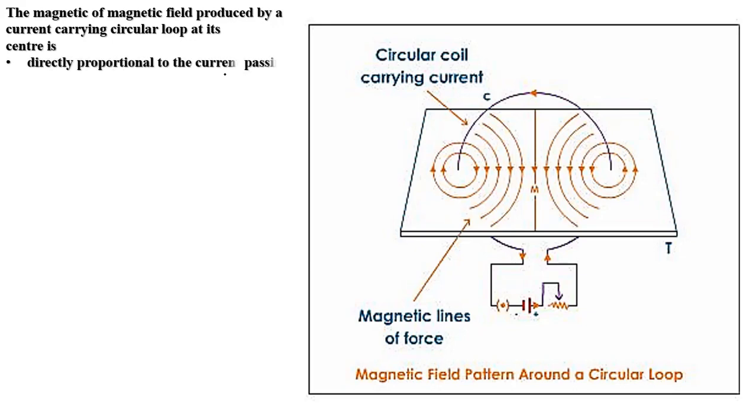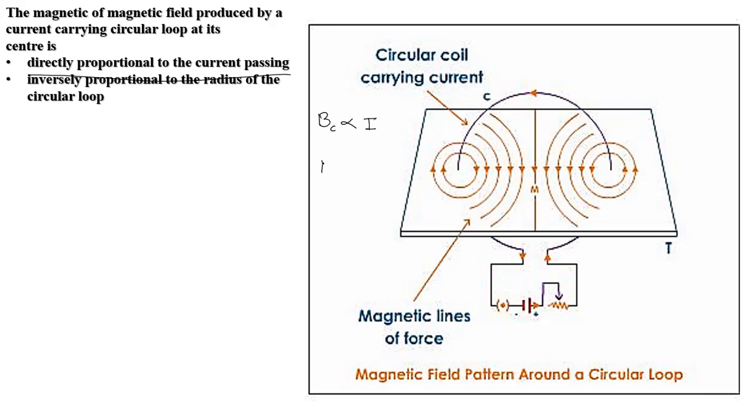At the center, first, the magnetic field is directly proportional to the current passing through the coil. So we can write that the magnetic field at the center of the circular coil is directly proportional to the current passing through it. First one.